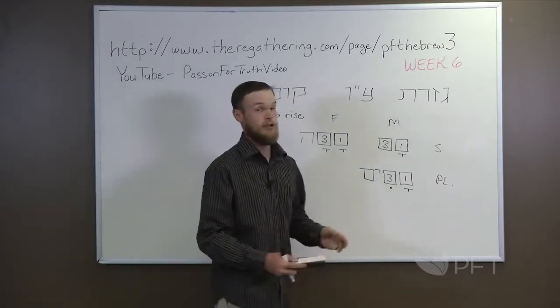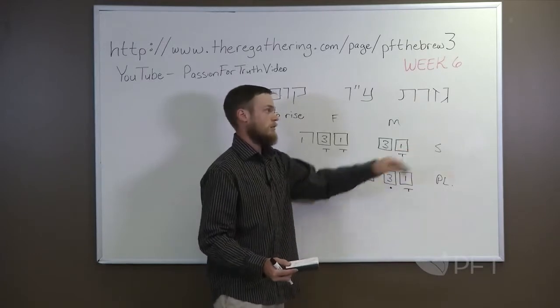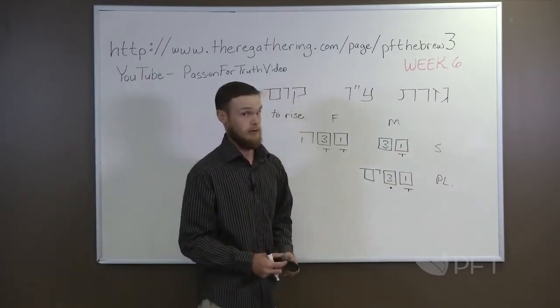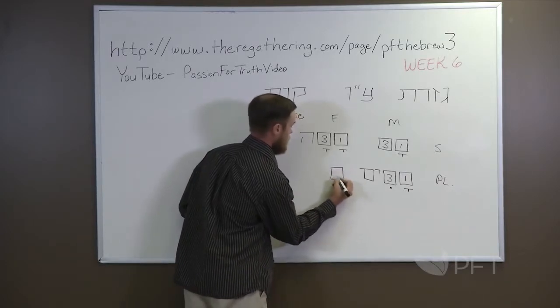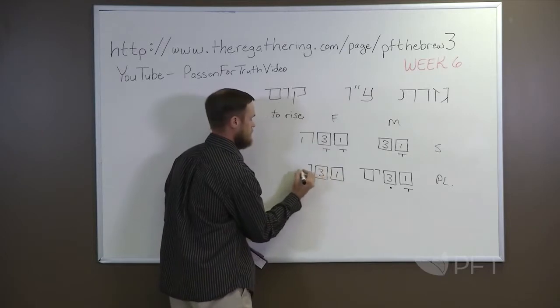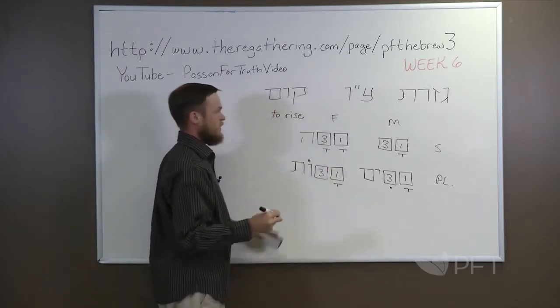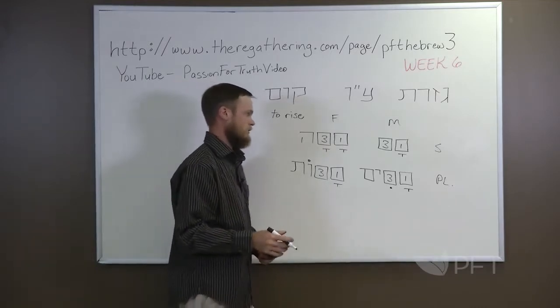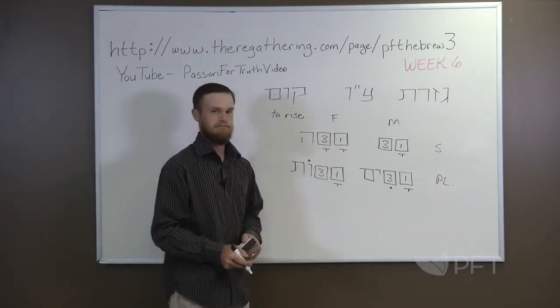So you would be able to differentiate between past and present in the plural, but not necessarily in the singular. Kamim, and of course the feminine counterpart is kamot. So that is the present tense, or the active participle, for Gizrat ayin vav.